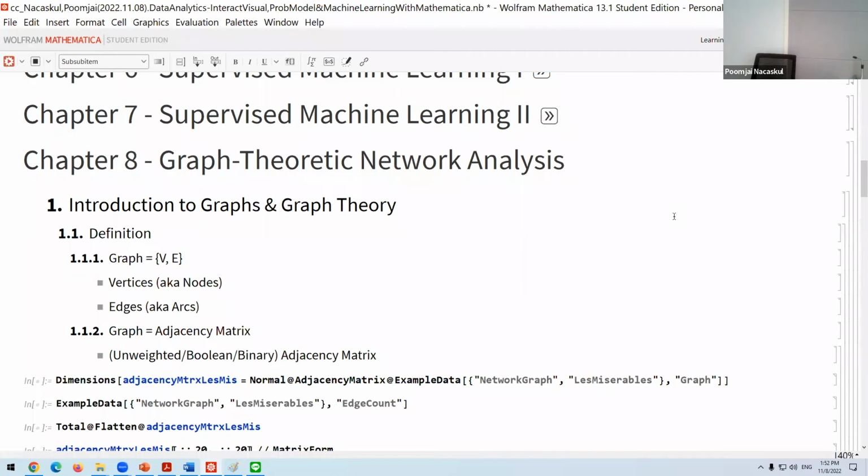For example, if the second person knows the fifth person, this is what you store. That's all you store. If the second person doesn't know anybody else, you don't have to keep 1 million more numbers. You just keep this.